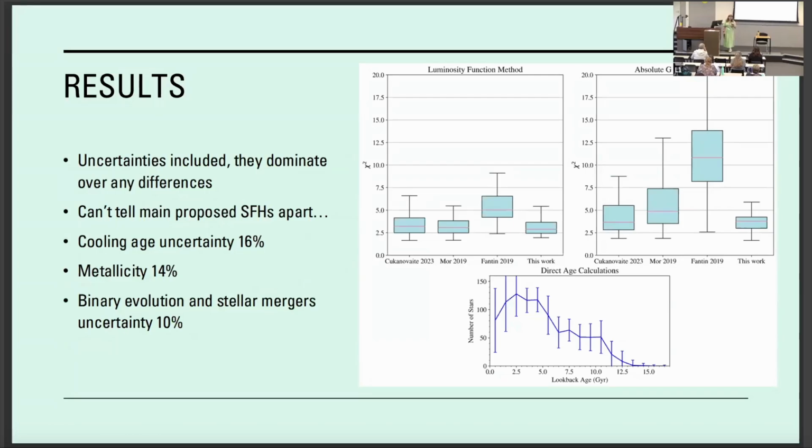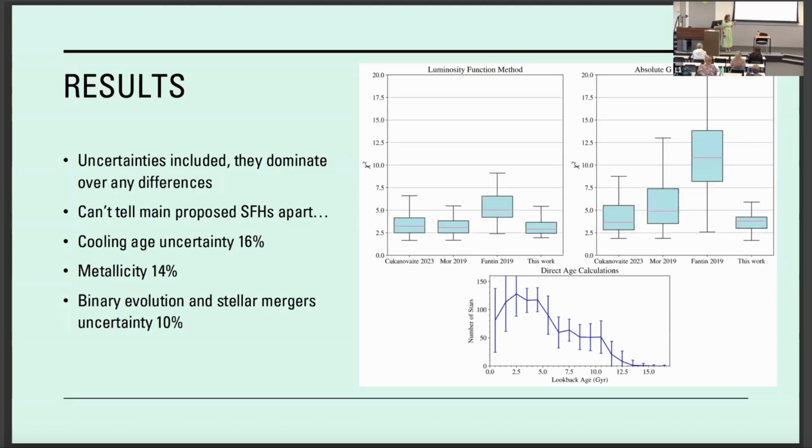And if we're looking at the star formation histories that we found, which was kind of the primary work that we were looking at, I've got here a plot of the different star formation histories and the reduced chi-squareds that we calculated against the observational fits. And the first thing that you might notice is that the error bars on these are massive, which basically means we actually can't tell the difference between any of those 4 star formation histories using these methods.